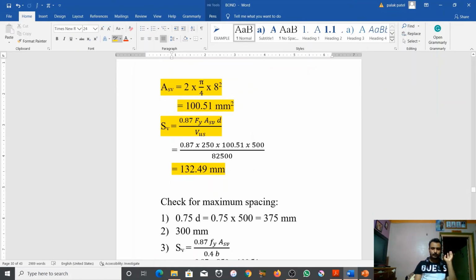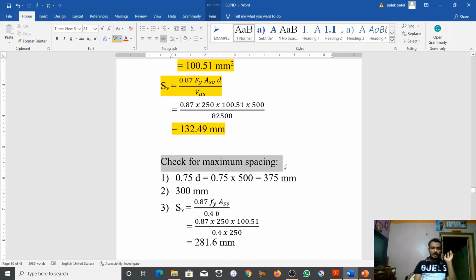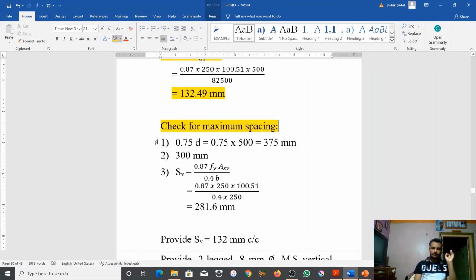Then we have to check the maximum spacing. The maximum spacing is 0.75 into d, so 0.75 into 500 is equal to 375 mm. The second is 300 mm, and the third one is Sv equal to 0.87 fy Asv divided by 0.4 b, which gives a value of 281.6 mm.